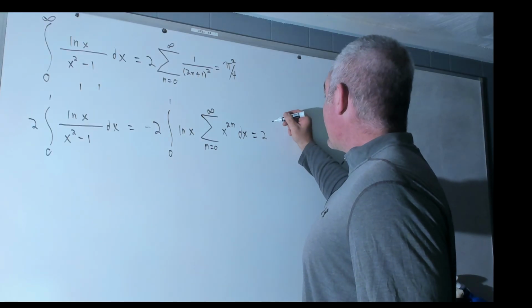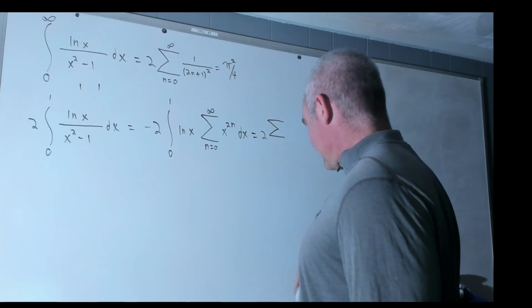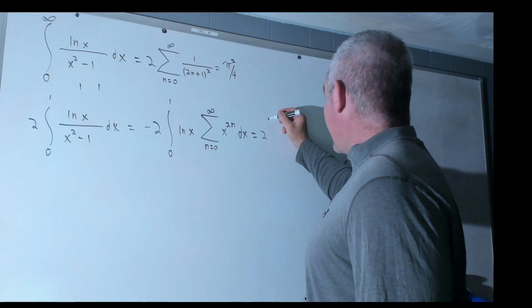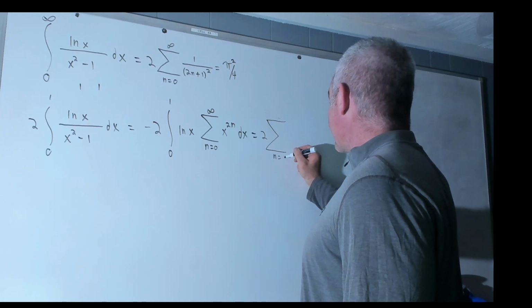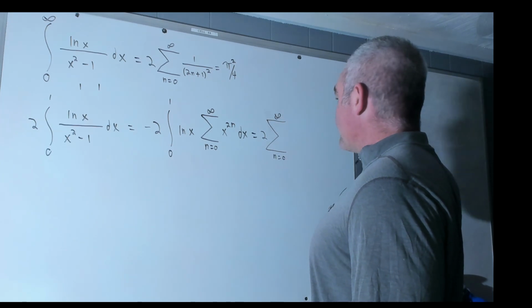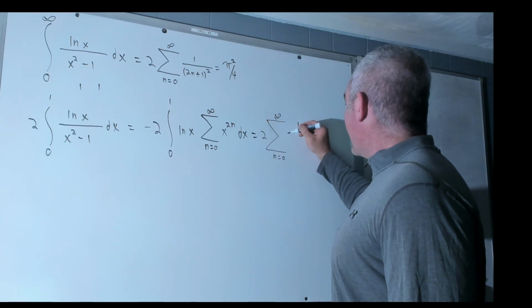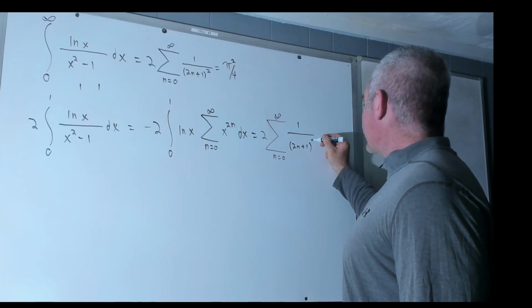That is actually equal to 2 times the sum as n goes from 0 to infinity of 1 over (2n plus 1) squared.